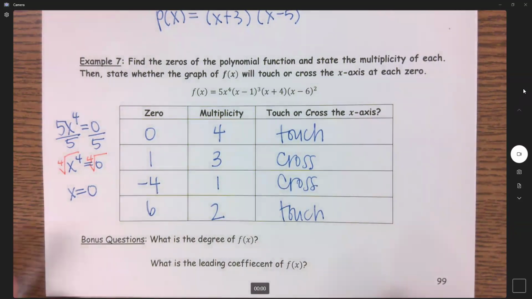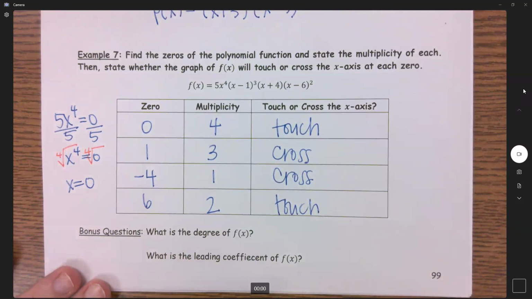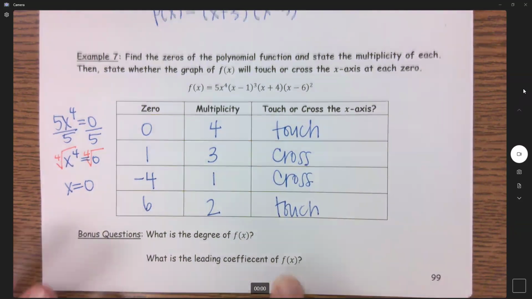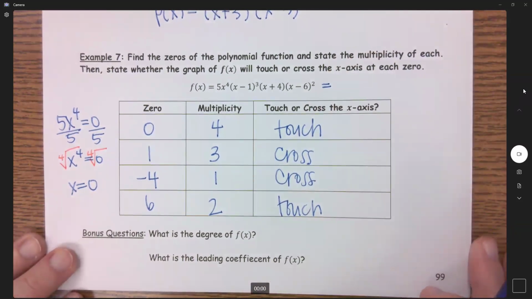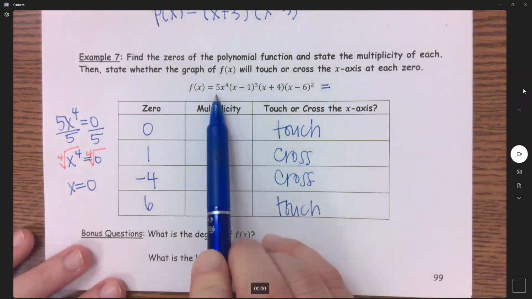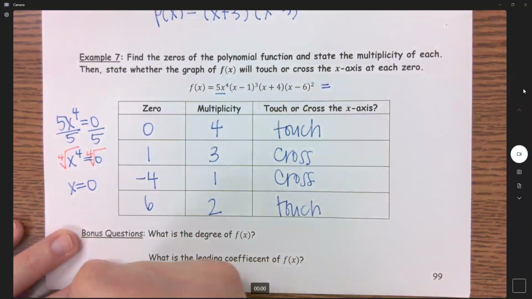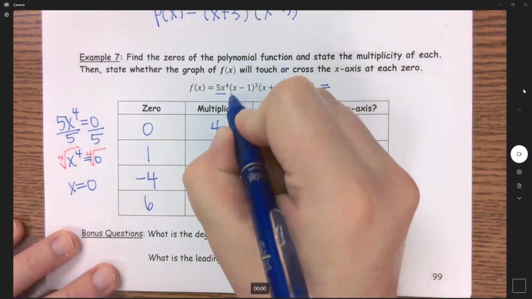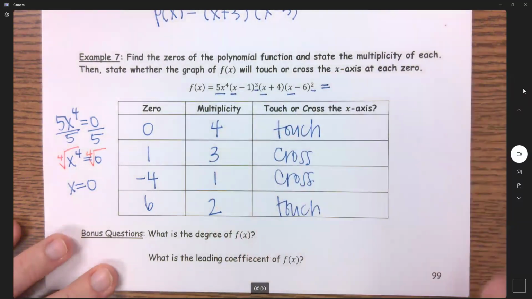Now, as a bonus question here, I want to know what is the degree of f of x and what is the leading coefficient. So if I was to multiply all of this out, which would not be fun, I have 5x to the 4th times x cubed times x squared.